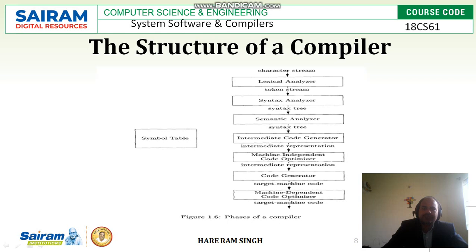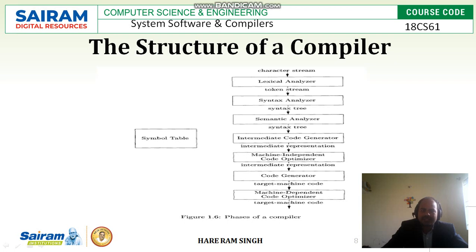A compiler is a big system software program, and it has different phases. The first phase is called the lexical analyzer, then the syntax analyzer, then the semantic analyzer, and then the intermediate code generator.